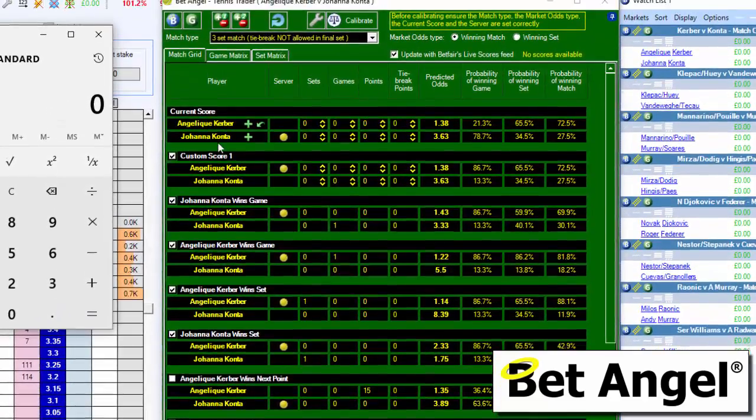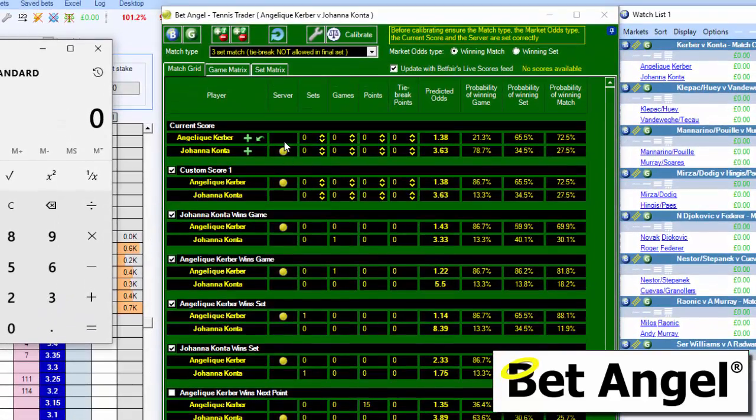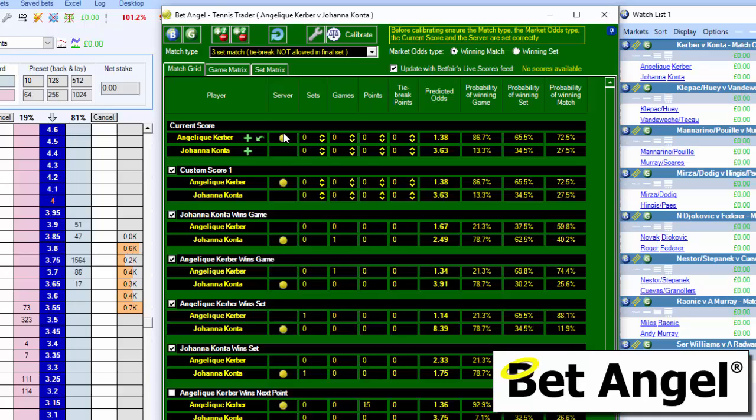Then we can see here, let's say that Konta is serving first, because obviously you can determine who serves first. Then you can see that Kerber actually wins that game. So Konta plays the first game, has an absolute shocker, and goes a break down in the first game. You can see that Kerber's price will go from 138 to 122.